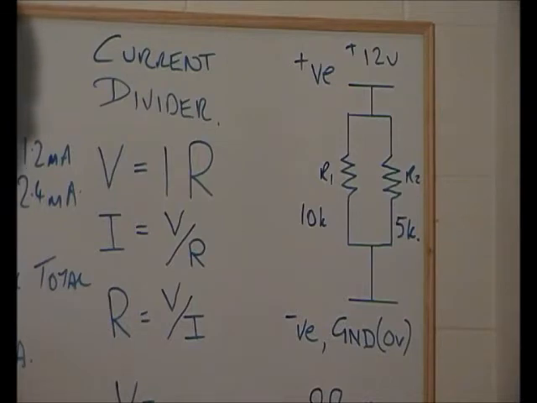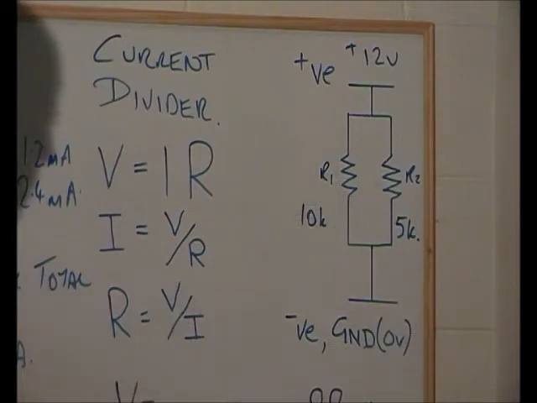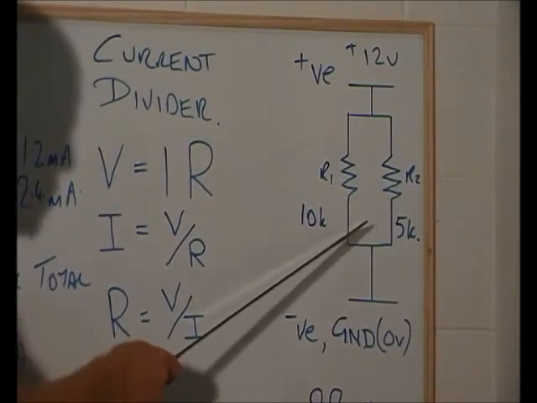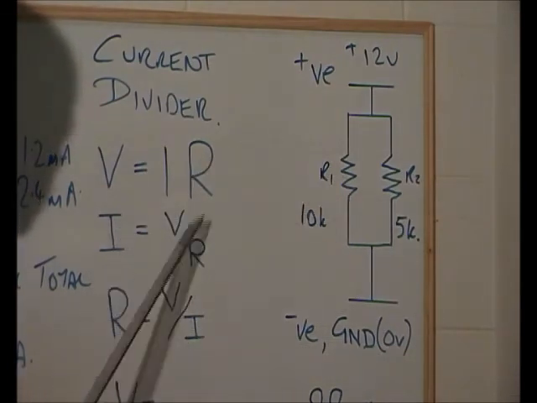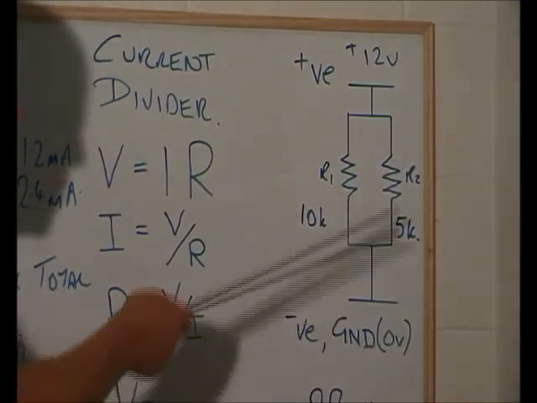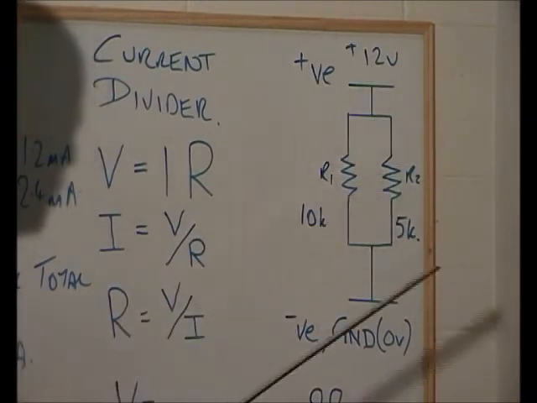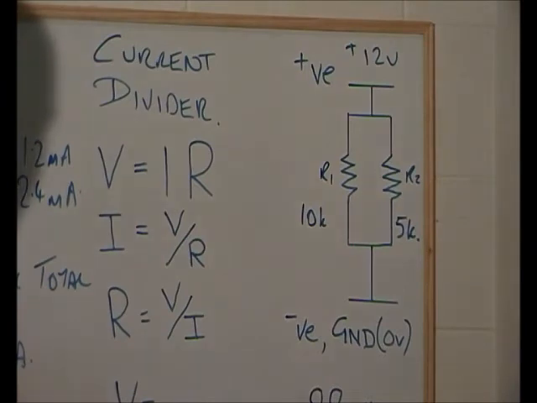Now, if we again use Ohm's law, we know that V is 12 volts across R1, and we know that R1 is 10k. 12 divided by 10k is 1.2 milliamps through this one. And then V over R2, 5k, so 12 divided by 5k will give us 2.4 milliamps flowing up through that one.